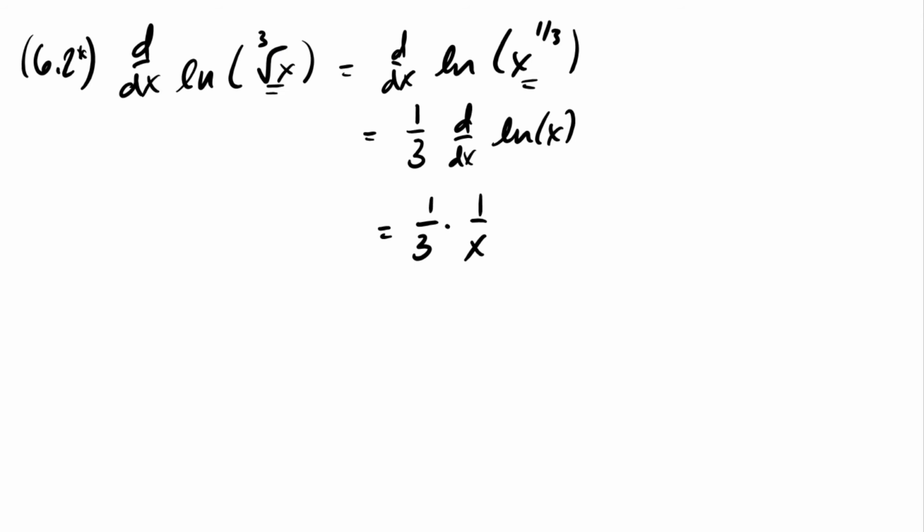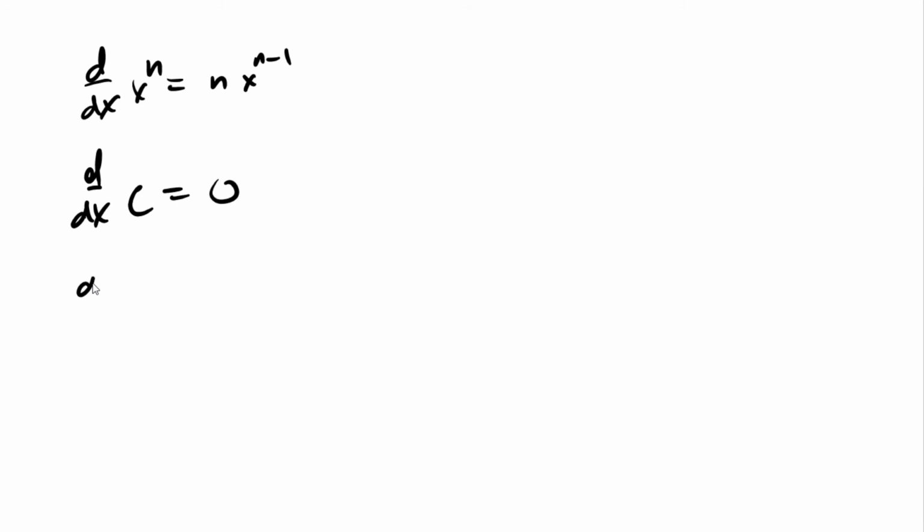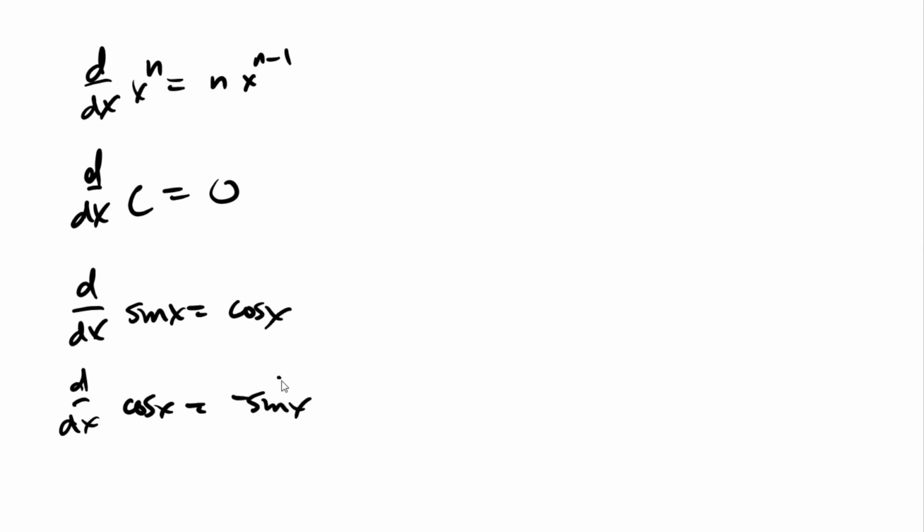But those are the basic ideas that we're going to be using in coming into the first part of Math 142. And so the basic derivative table that you picked up in your introduction to calculus should include things like d by dx of x to the n is equal to n times x to the n minus 1, that d by dx of a constant is 0, that d by dx of the sine of x is equal to the cosine of x, that d by dx of the cosine of x is equal to minus the sine of x.